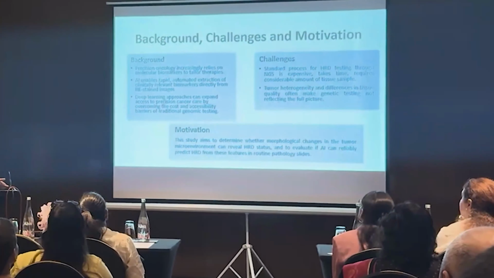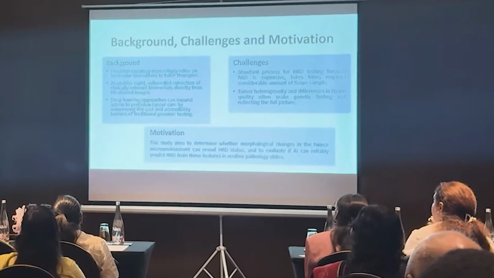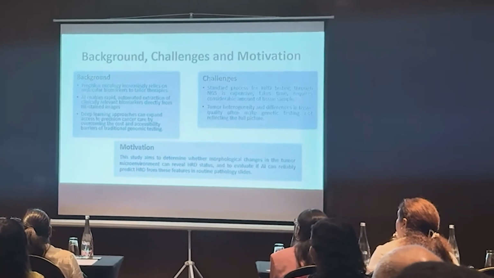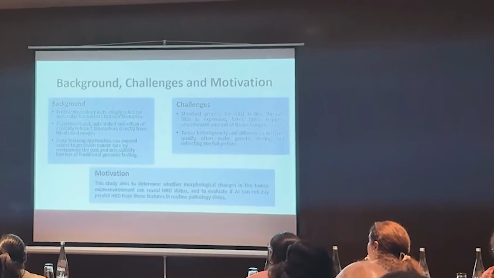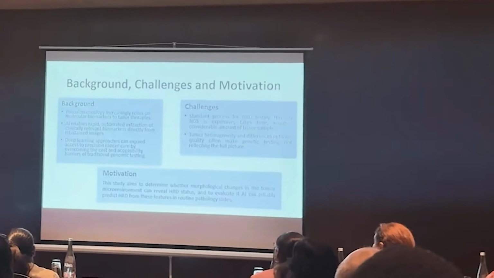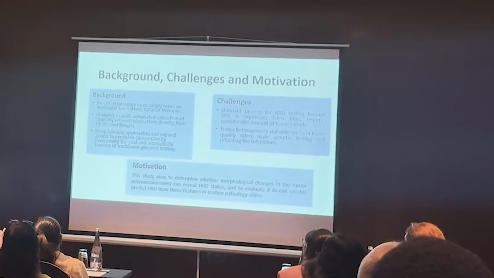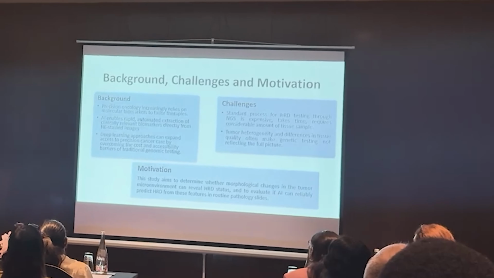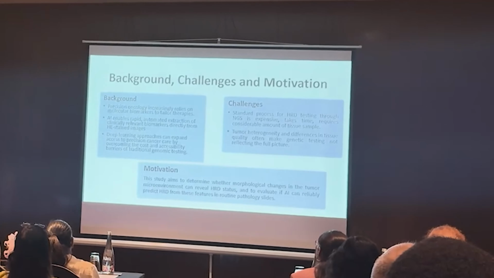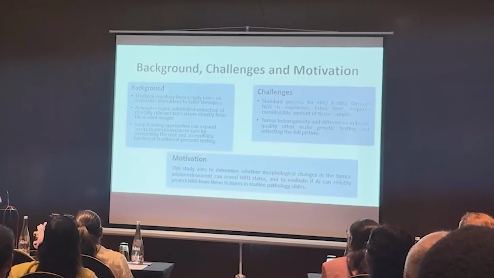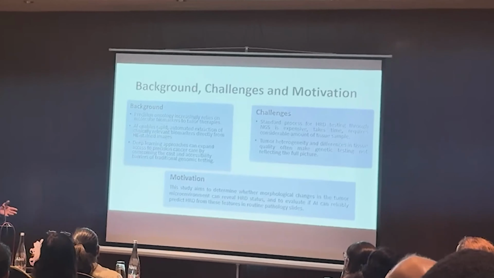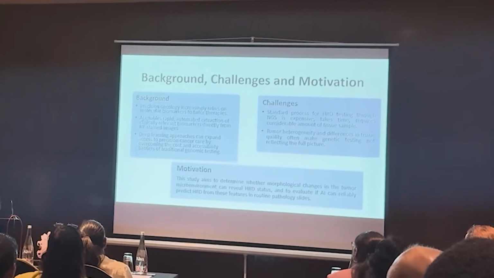So the background challenges and motivations are simple. Everybody is going toward precision oncology, and we want to understand how deep learning models can be used to identify these subtle morphological patterns, to identify key biomarkers that can help oncologists make informed decisions.